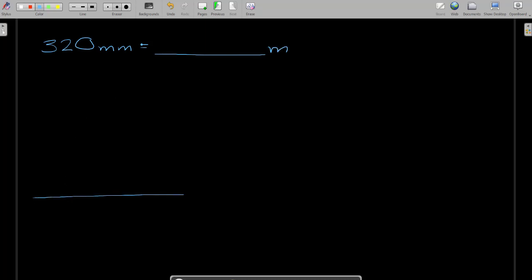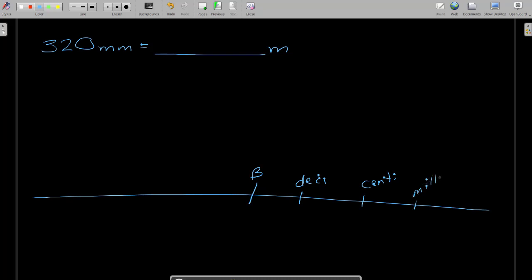So again, number line: base unit, deci, centi, milli, micro. Remember, this is 10 to the negative 1, 10 to the negative 2, 10 to the negative 3, and 10 to the negative 6.